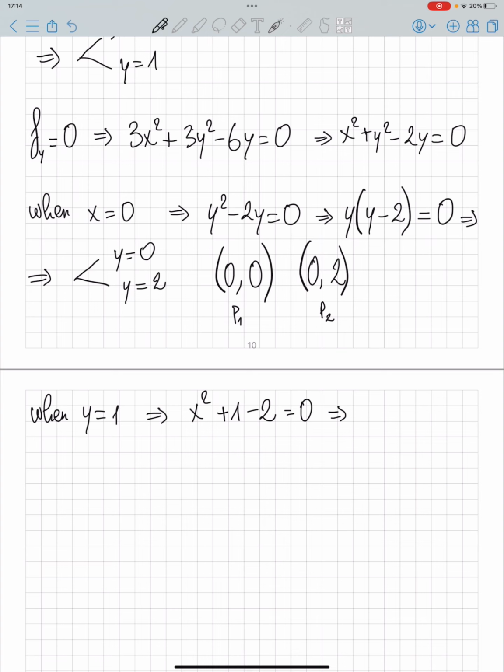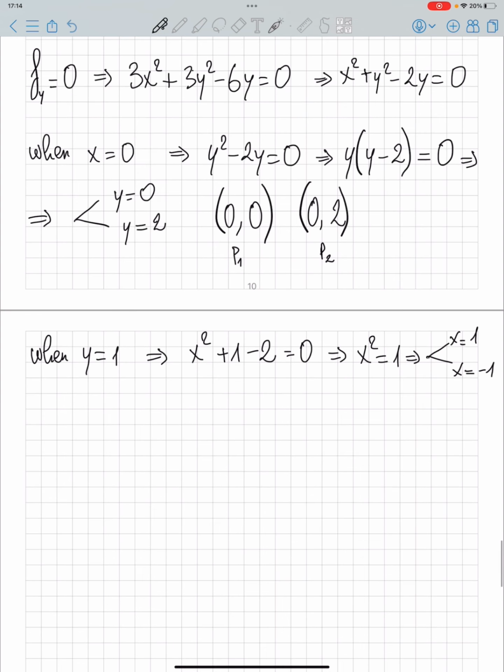This implies that x squared is equal to 1, because we bring all on the right hand side, and this implies that x is equal to 1 and x is equal to minus 1, right? So when y is equal to 1, we have x is equal to 1, x is equal to minus 1.